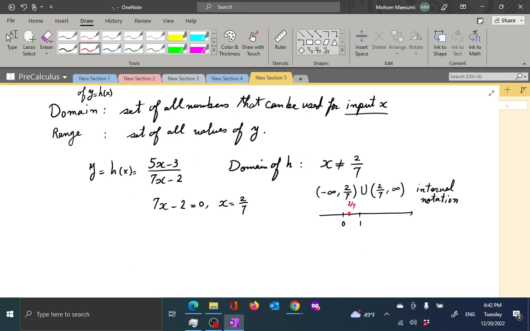So that has to be excluded. So we are allowed to stay to the left of this or stay to the right of this. So this is the right component, and of course this is the left component. You can be in either of these two sets, but not right on top of 2/7 itself.